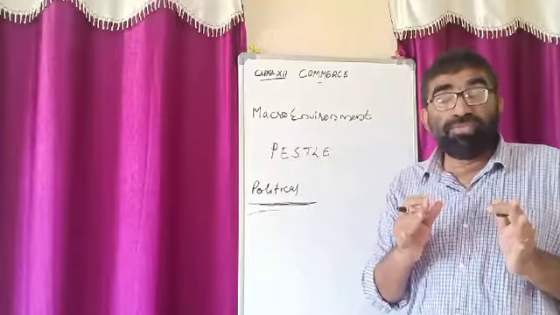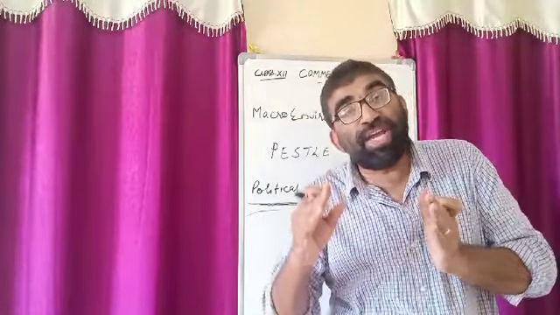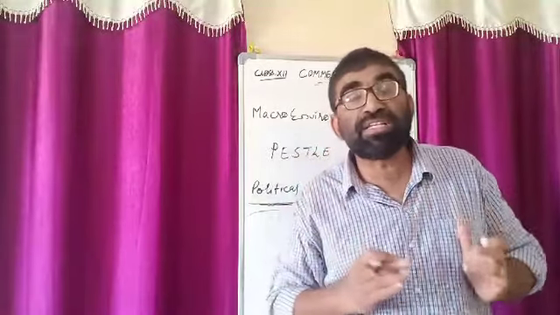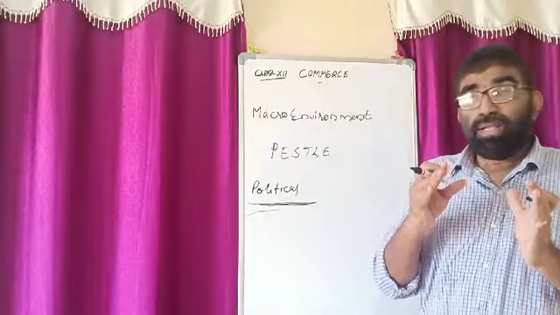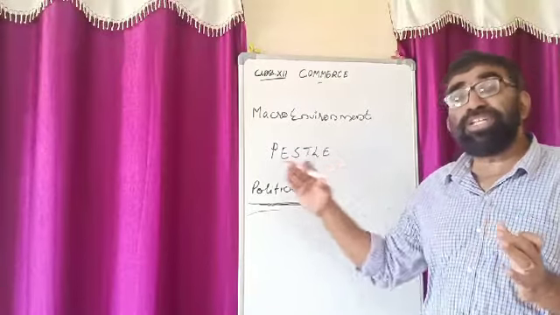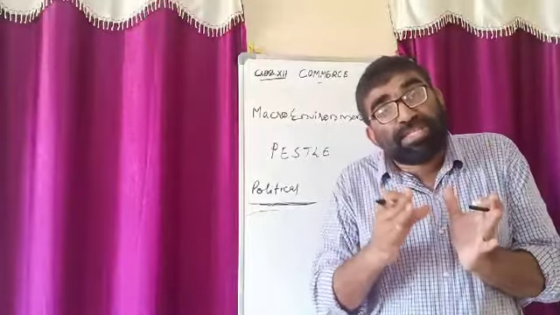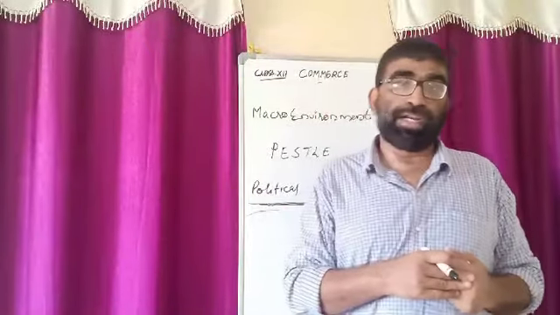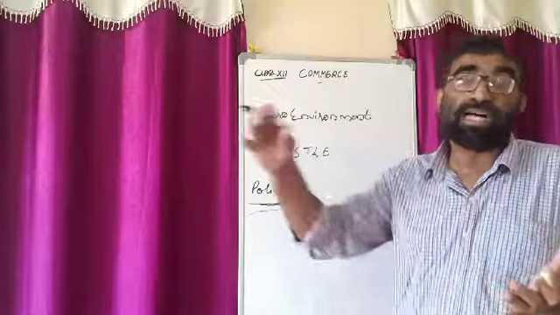Then again, we will see the degree of politicization of various economic and business issues. Then, foreign policy and defense policy of the country, and a country's relationship with the other country.